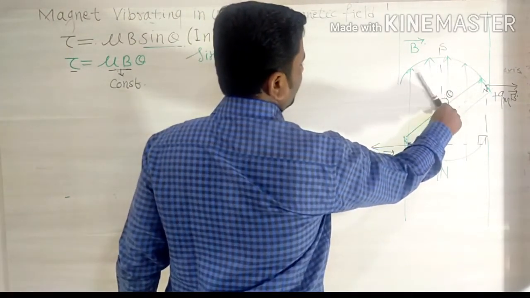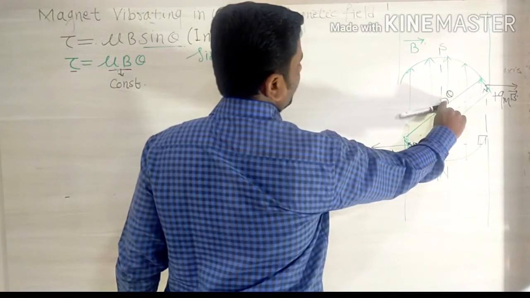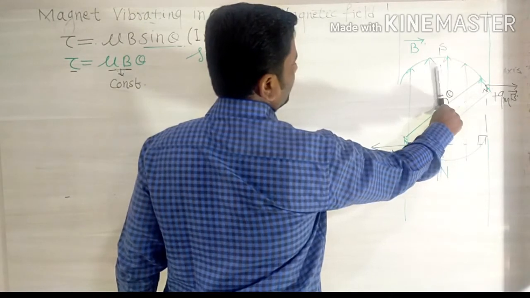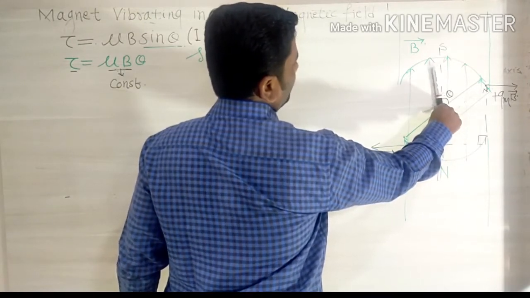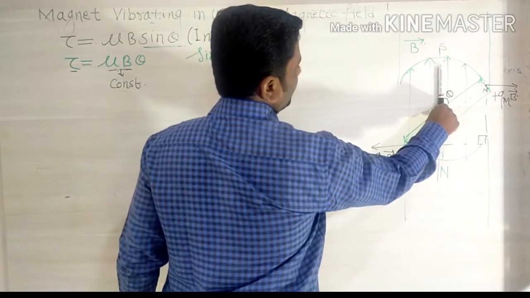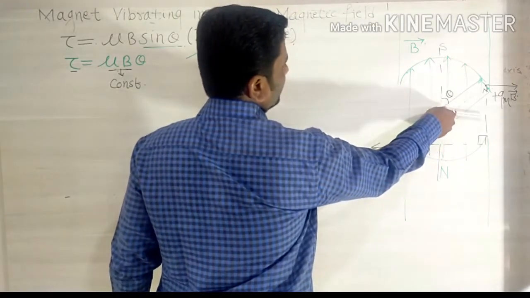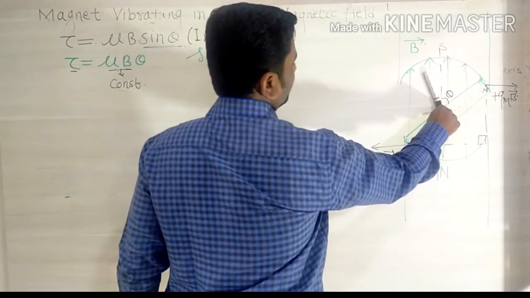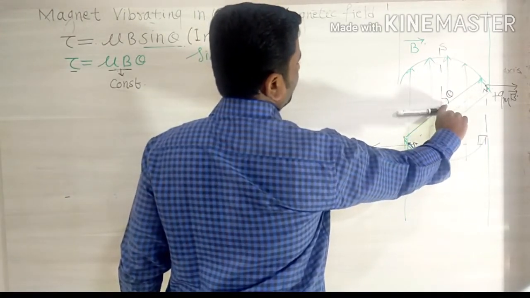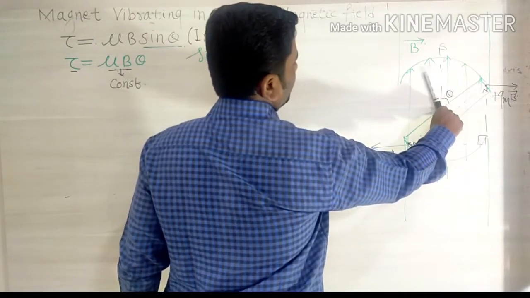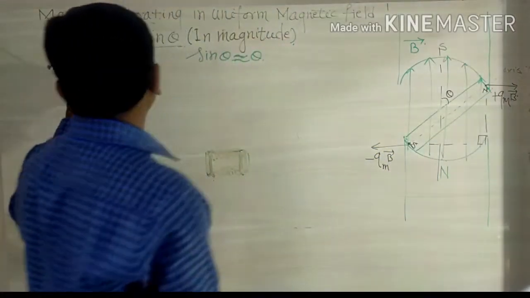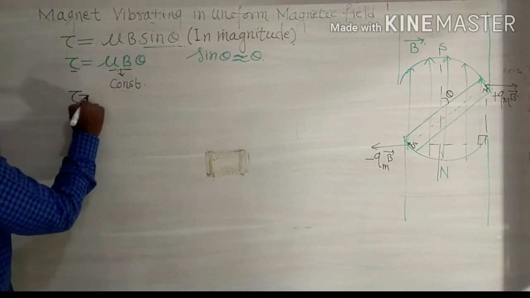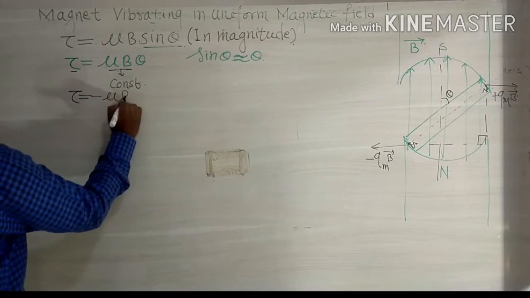If the angular displacement is anti-clockwise, then the restoring torque acts in a clockwise manner. So in this way, angular displacement and torque are oppositely directed. So torque is equal to minus mu B theta.